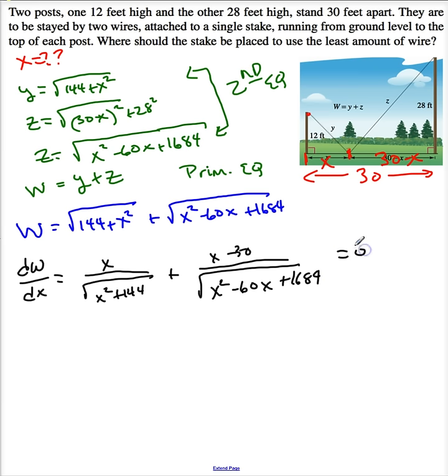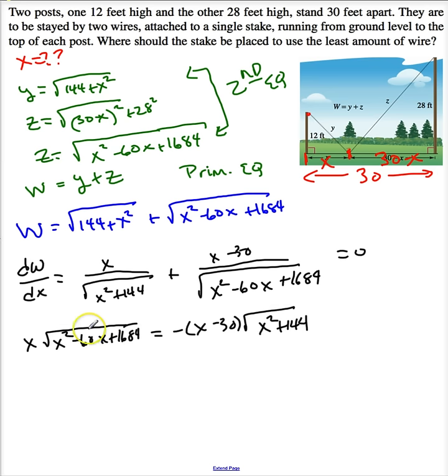Now we want to set this equal to 0. There's quite a bit of algebra here. What I'm going to do is move this over and cross multiply. So this is x times the square root of x squared minus 60x plus 1684 equals minus x minus 30 times the square root of x squared plus 144.